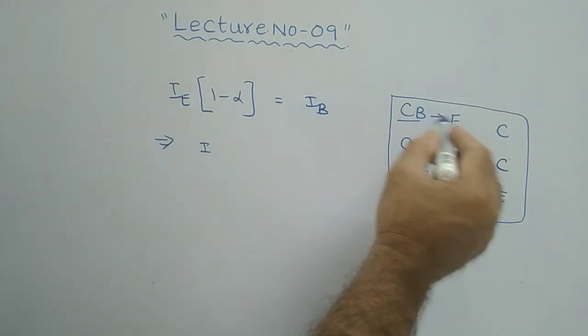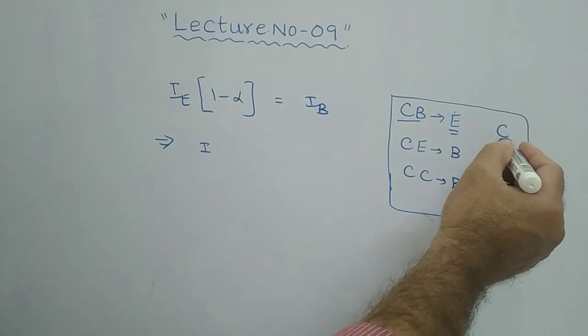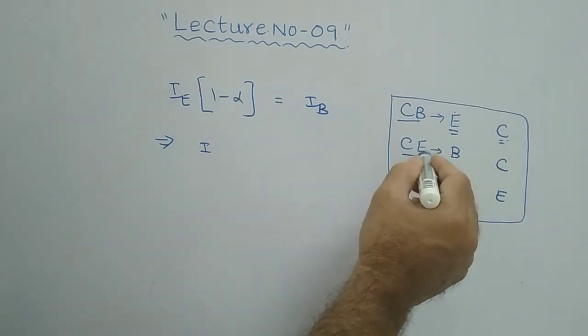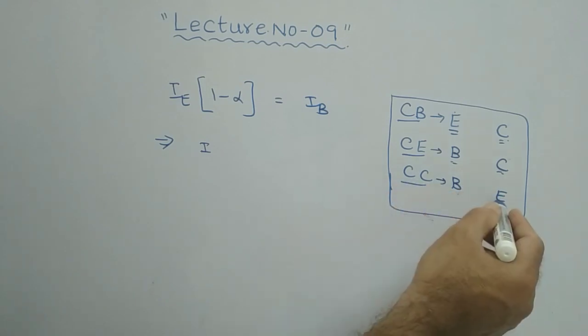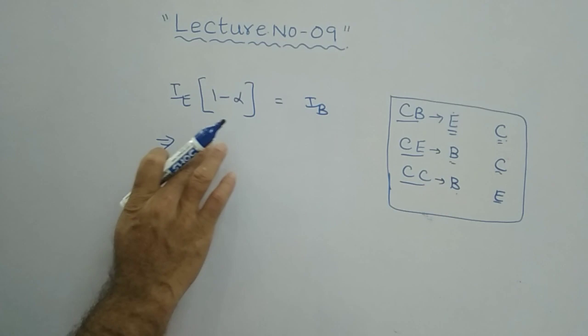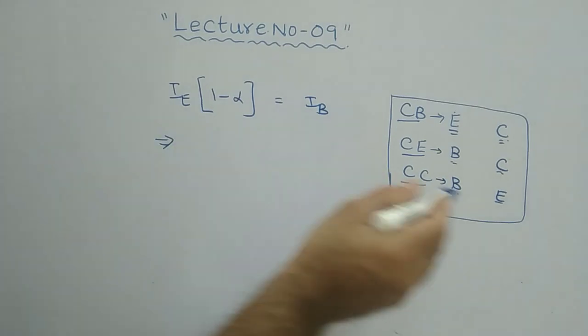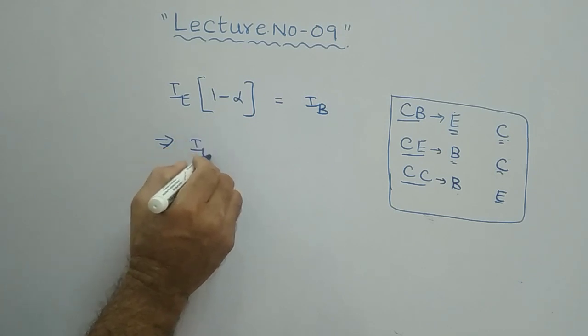In common base, the emitter terminal is input and C is output. In CE, base is input, collector is output. In CC, base is input, emitter is output. Therefore from here you can write output by input, IE by IB.